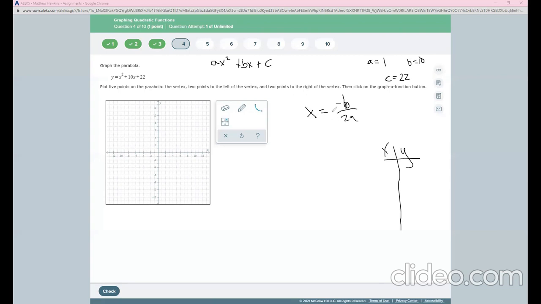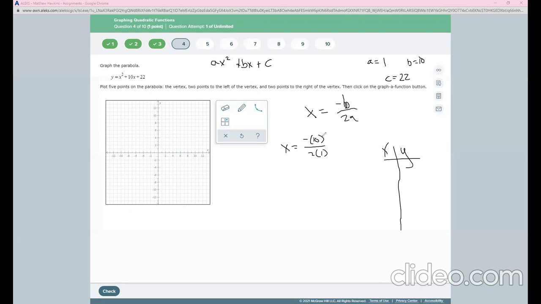So let's find the x coordinate of the vertex by plugging it into this formula. x equals negative b over 2a. So x equals, we have the negative sign from the formula, then it says b. So I'm going to open a parentheses, and b was 10, so I'm going to put a 10 in for b. And it's over, and we have 2 from the formula, and then a is 1. So I close the parentheses, open parentheses, put a 1 in for a, and we get this.